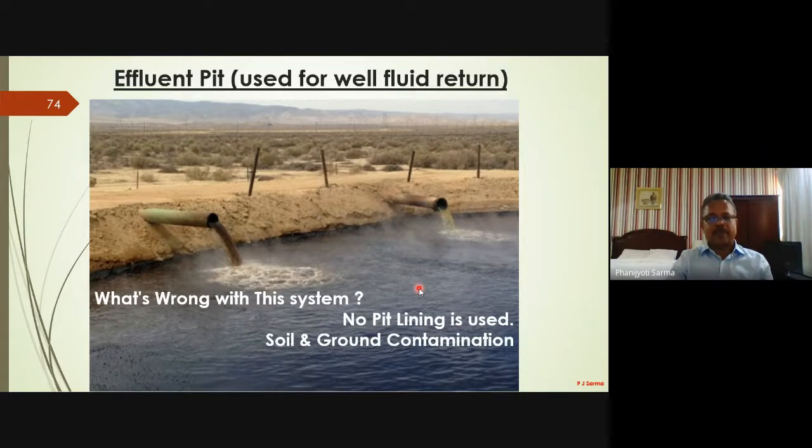The soil contamination, the ground is getting contaminated if this pit is not constructed properly. It creates a lot of issues with the environment.